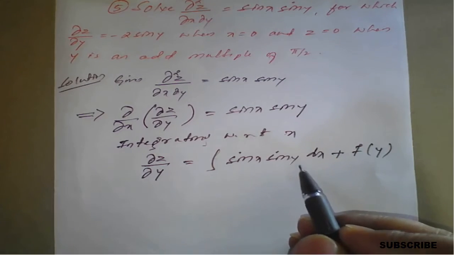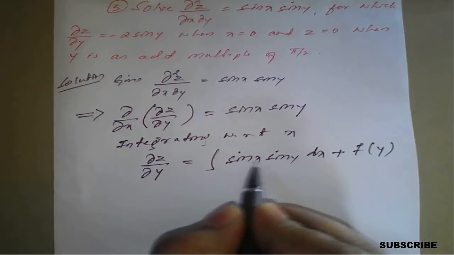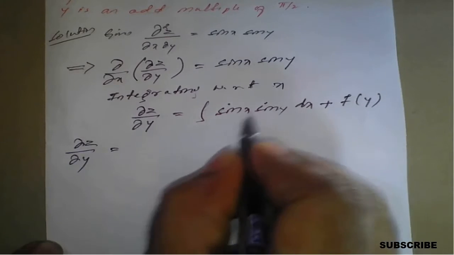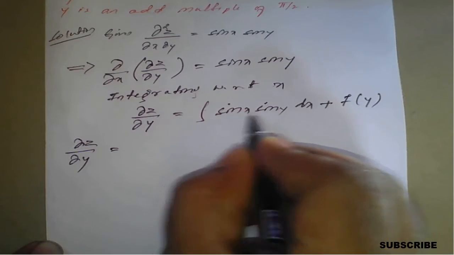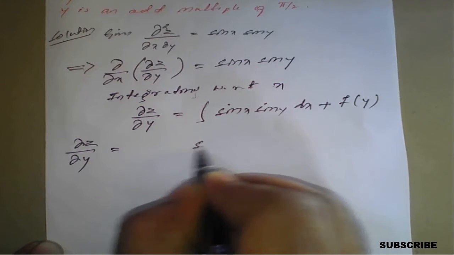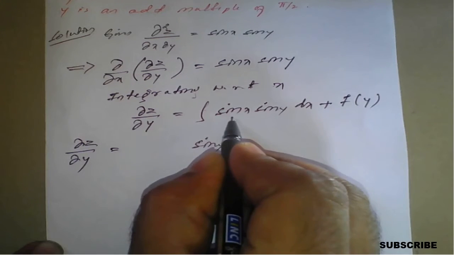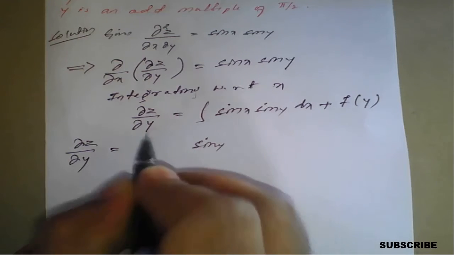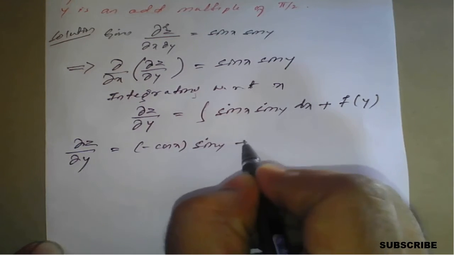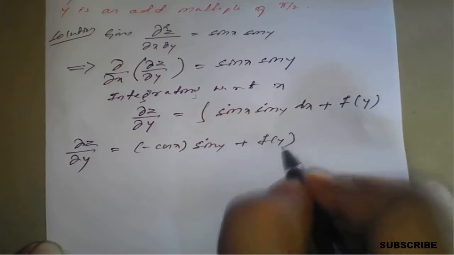With respect to x, sin y is a constant, so I write sin y as it is. The integration of sin x is minus cos x, plus f of y as it is.